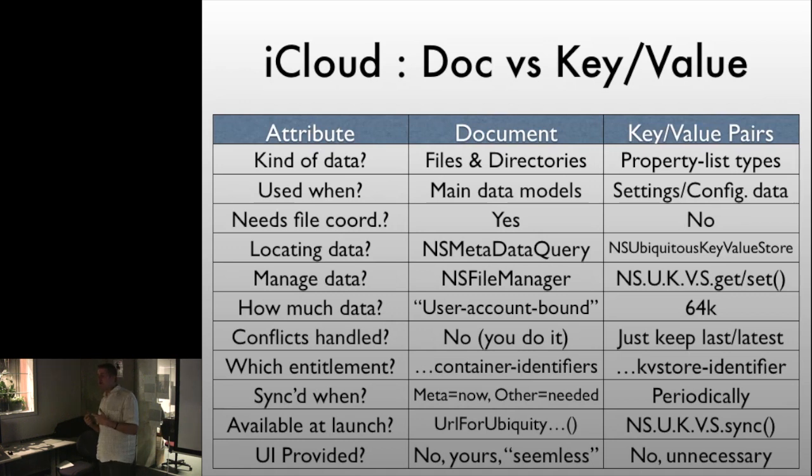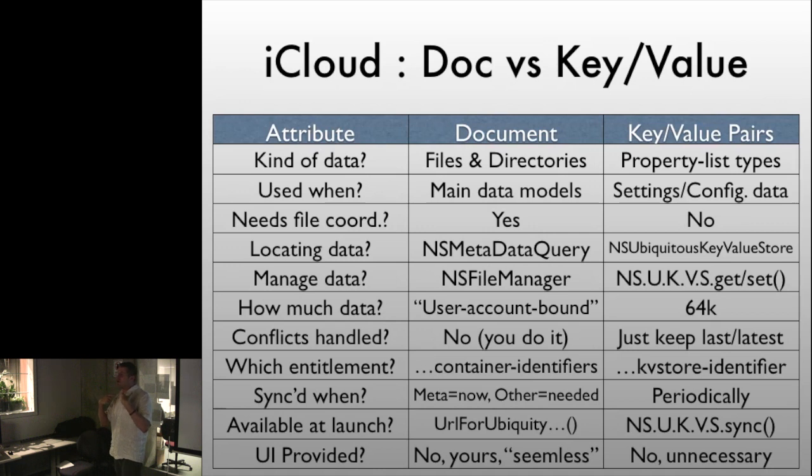How do you check for iCloud being available at the launch of your application, whether it's an iOS app or a Macintosh application? For documents, you use URL for ubiquity, and there's a whole bunch of functions that represent where your file lives in the file store. We'll talk about that in a second here too.